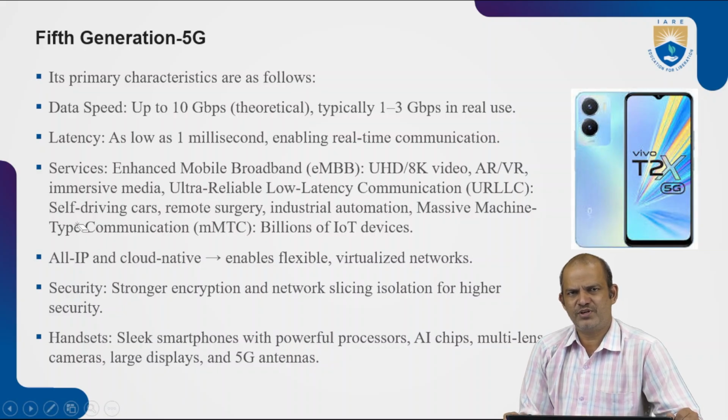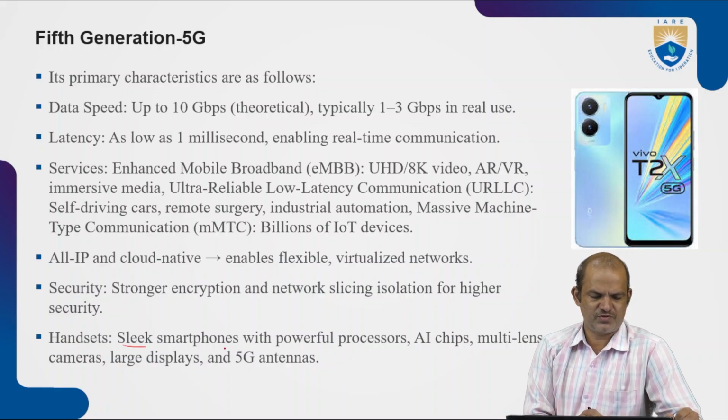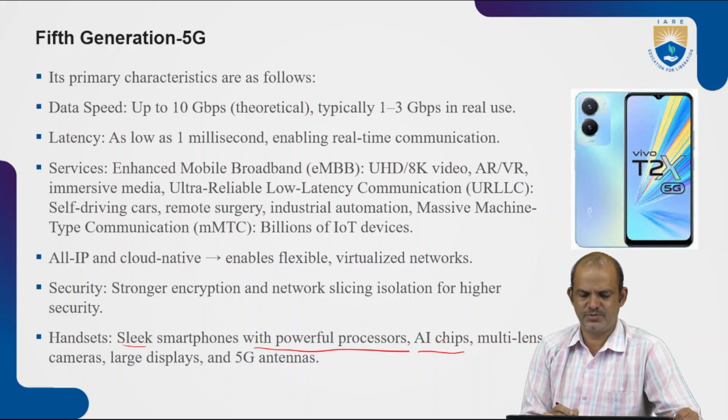It is all IP and cloud native, enabling flexible and virtualized networks, stronger encryption, and network slicing isolation for high security. Handsets are sleek smartphones with powerful processors and AI chips. AI stands for artificial intelligence, and nowadays AI/ML is important.